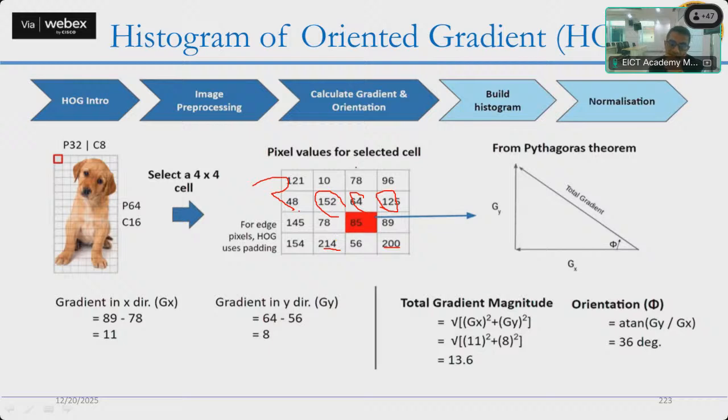If you really see, these are basically the gradient values. These angles are there, right? These are basically different angles. For example, it has been shown here, this phi, this orientation.